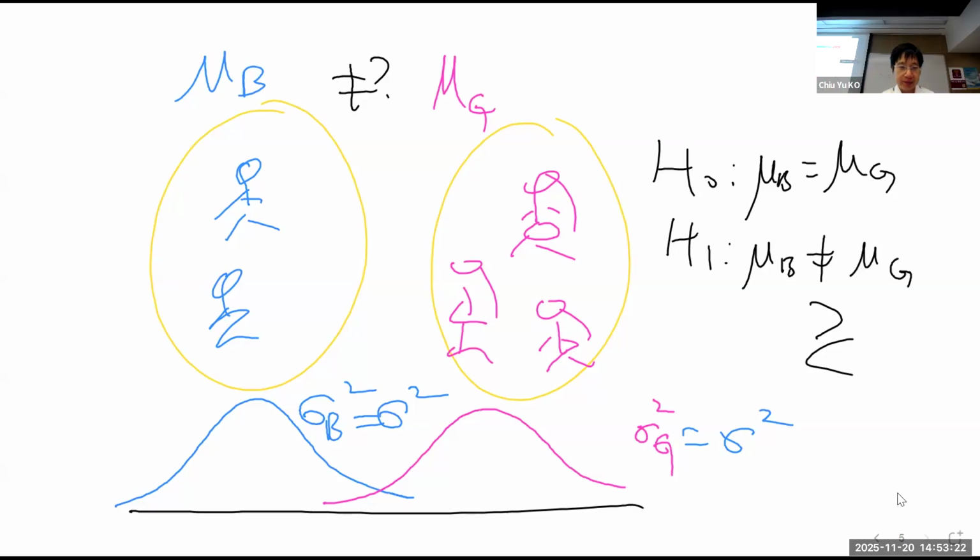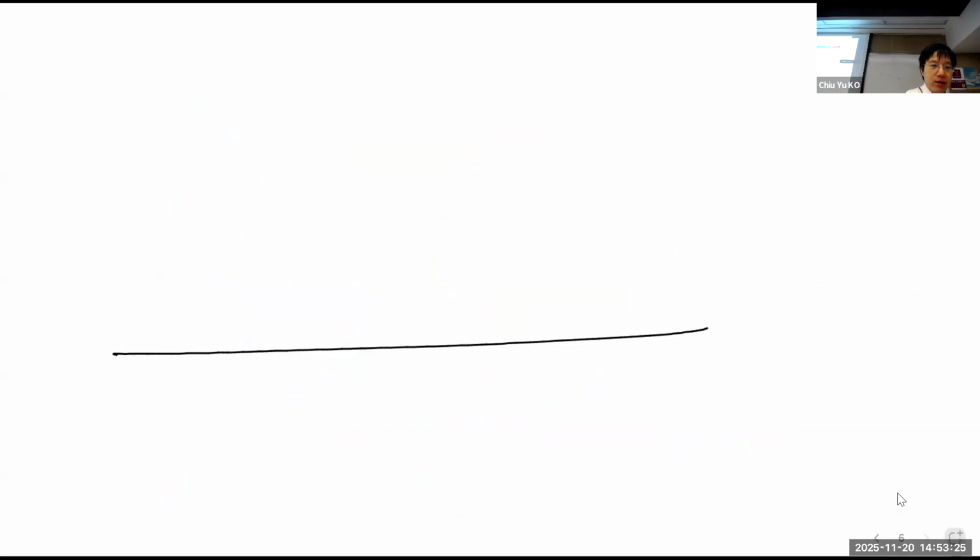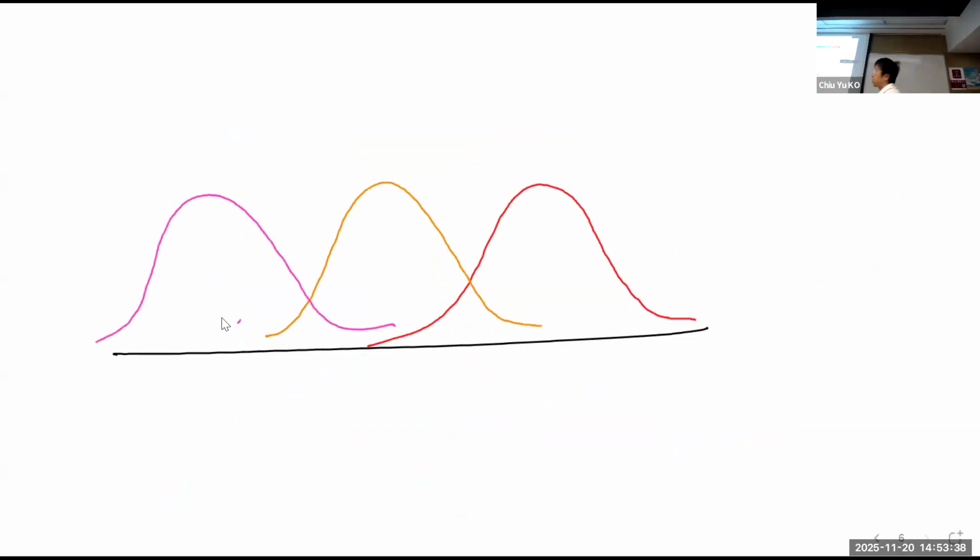It's the following. With a number line here, we have group number 1 here, group number 2 here, and group number 3 here. They have the same variance, but different groups. They are normal, right? We want to see the group means, maybe this is mu 2, this is mu 1, and this is mu 3.